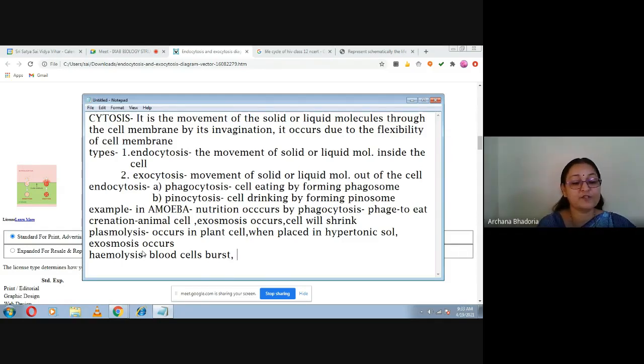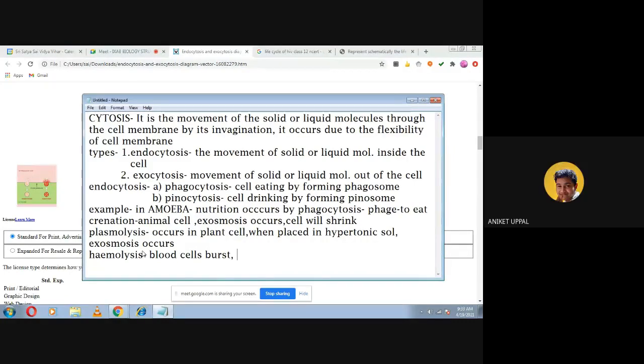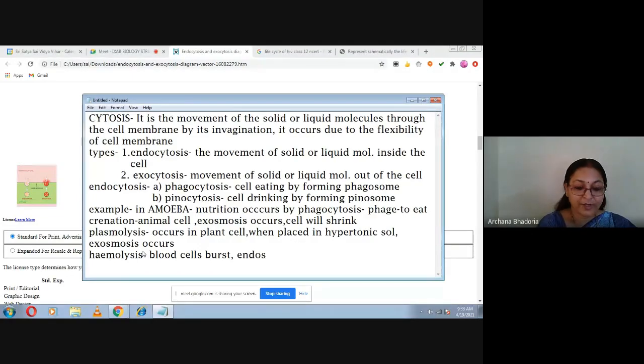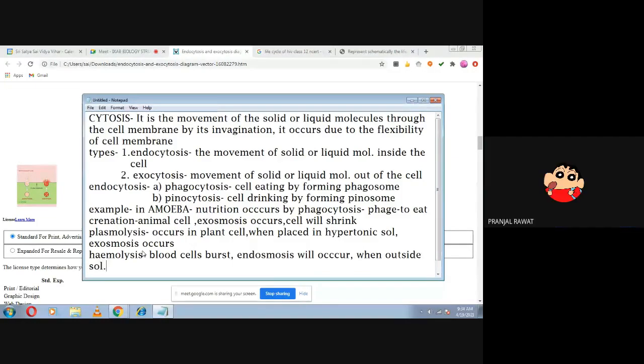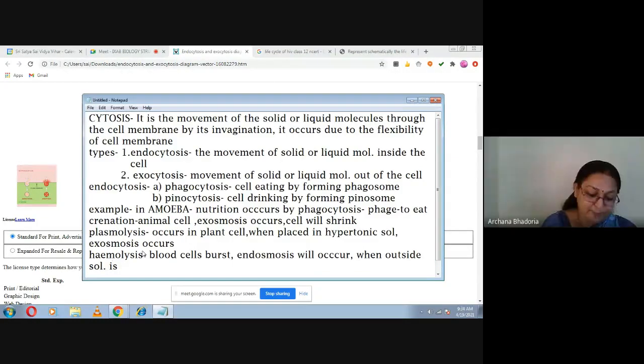So which osmosis will occur? Endosmosis. Very good. Endosmosis will occur when the outside solution is hypotonic.